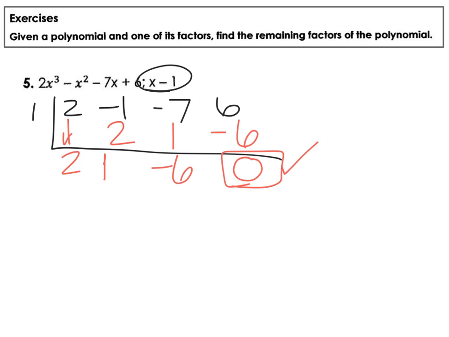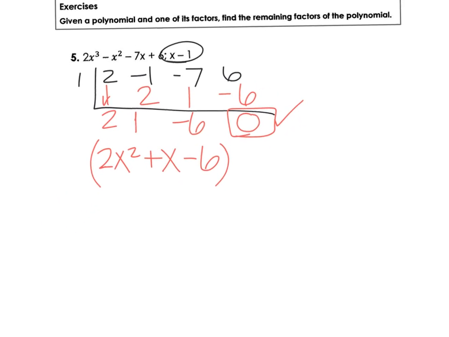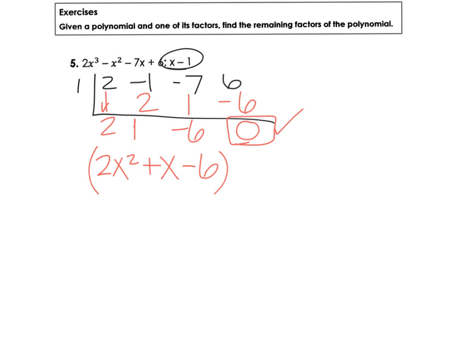X minus 1 is in fact a factor. What we're left with is 2x squared plus x minus 6. All right, that's one of our factors we're left with. We know that x minus 1 is a factor that works, so we're going to bring that down.